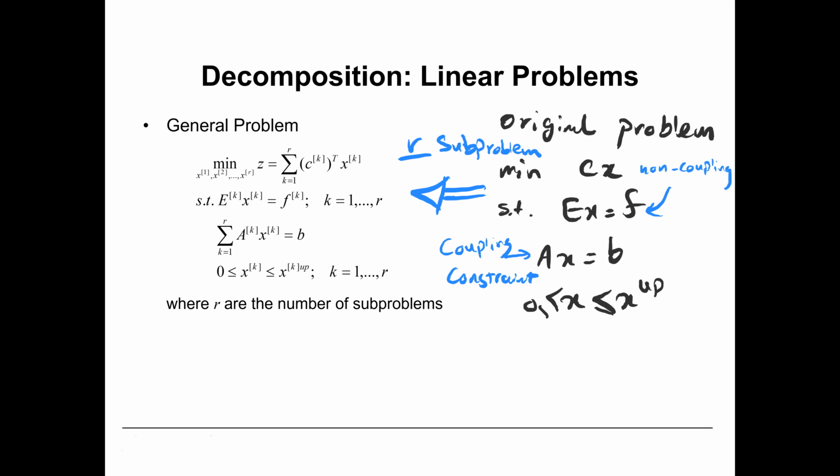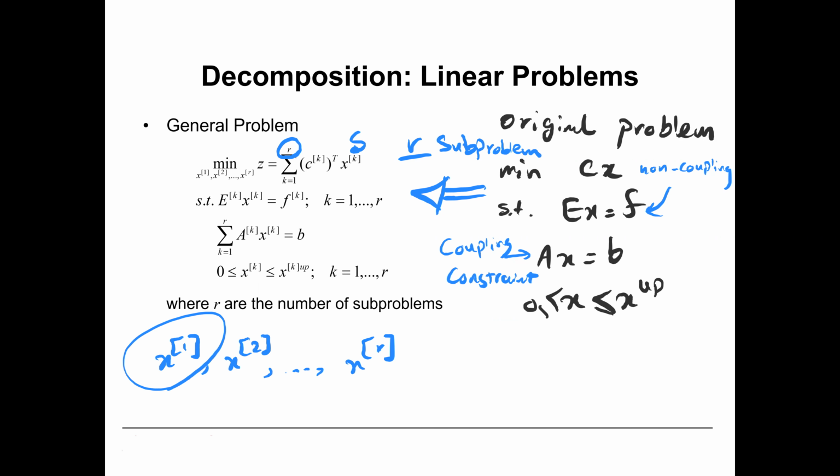So as you can see, the objective function has been decomposed into R subproblems. Each of them are assigned a set of variables. So we have variable x1 for subproblem 1, x2 for subproblem 2, and xr for subproblem r. And each of these are a vector of variables.